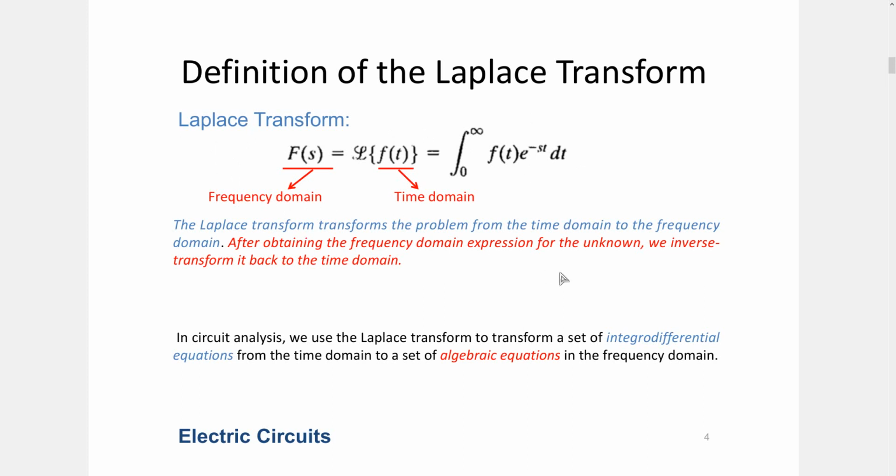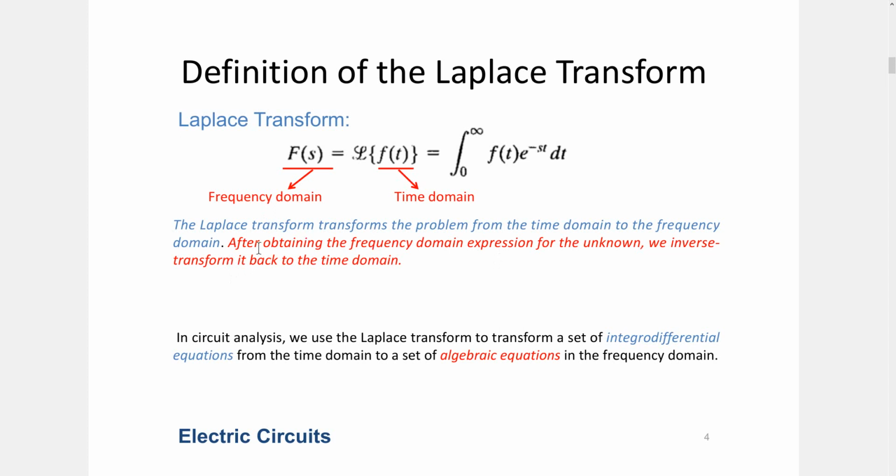So basically, the Laplace transform transforms the problem from time domain to frequency domain, as we can see here. After obtaining the frequency domain expression for the unknown, we can always go back into time domain again, which would give us the solution of the original integral differential equations.